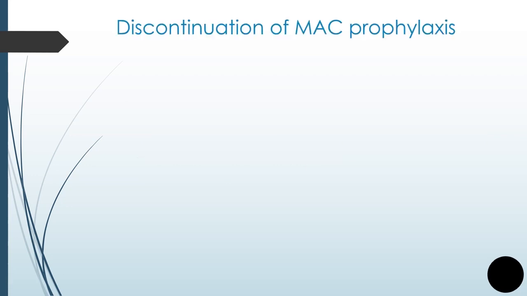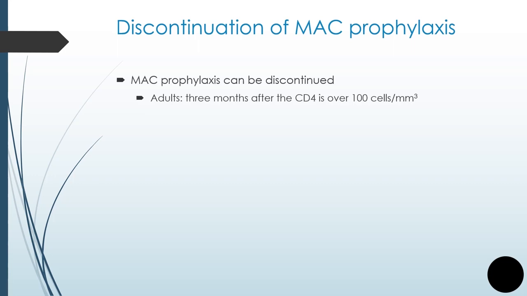Primary prophylaxis can be discontinued in adults after 3 months if the CD4 count is more than 100 cells.